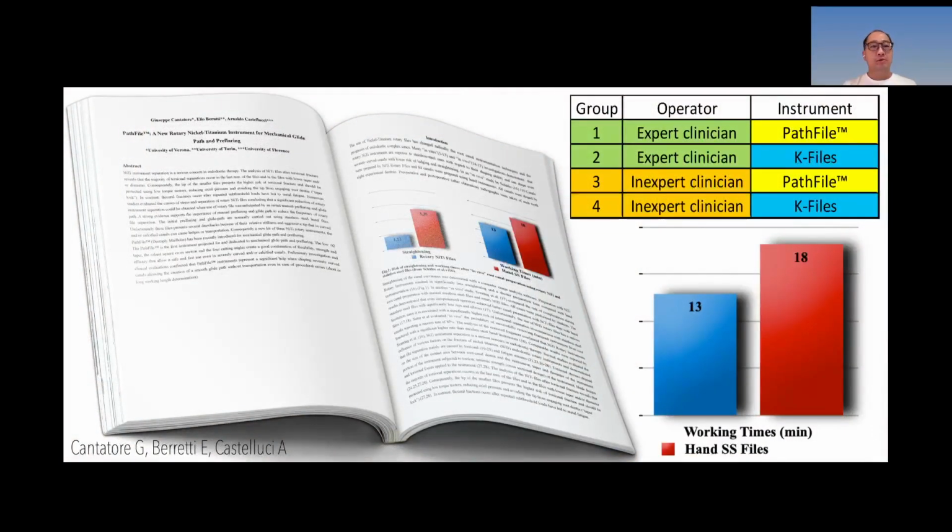Also, this is a very good study from Cantatore, Castellucci, and also Professor Elio Berutti. They compared an expert clinician and an inexpert clinician, and asked both to use manual and also rotary glide path.